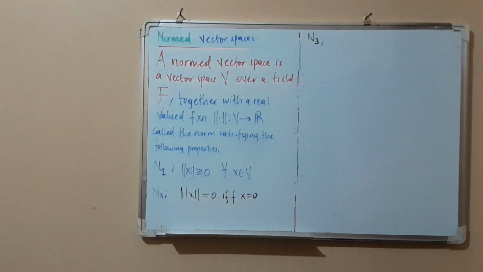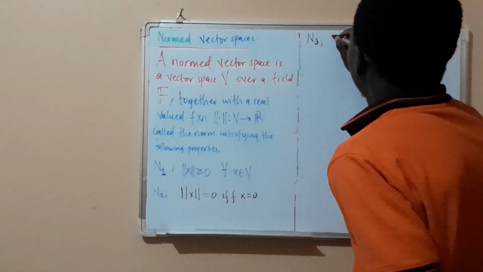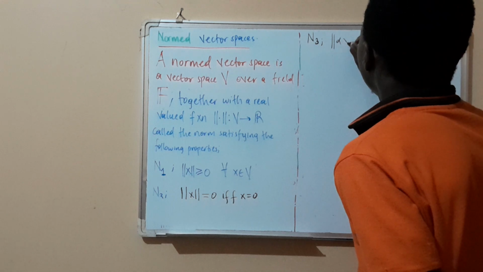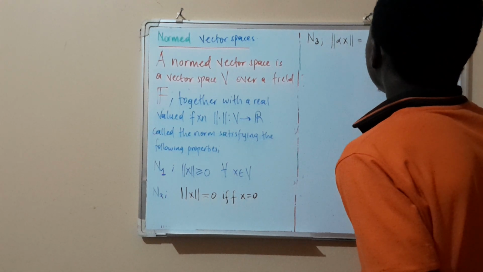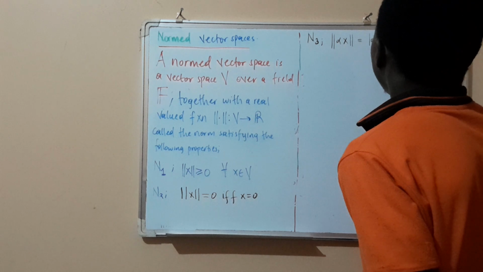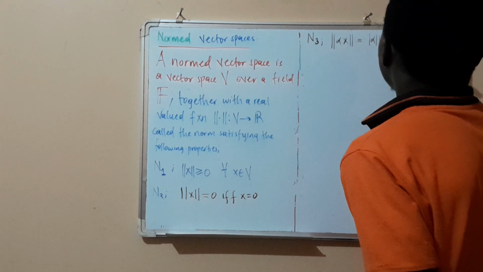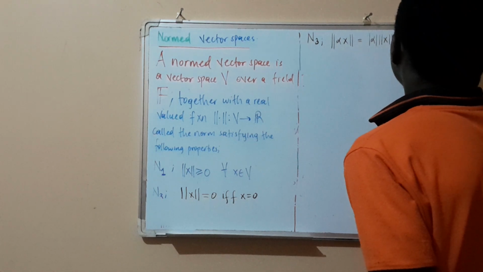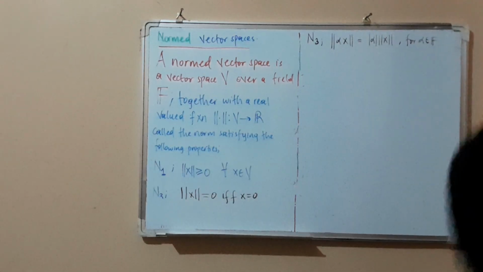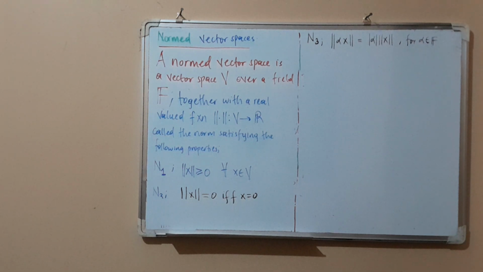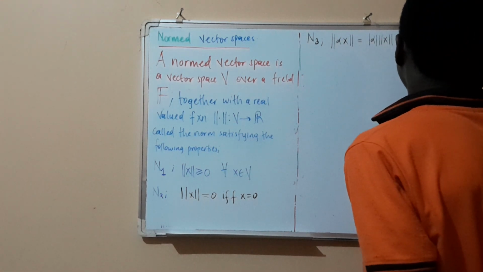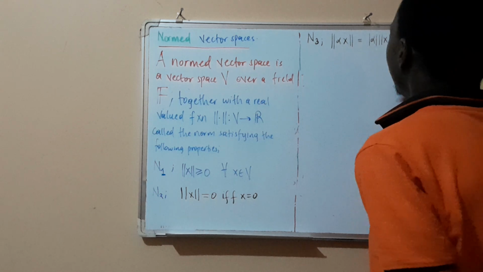Property number 3: the norm of alpha x should be the same as the absolute value of alpha times the norm of x, where alpha is a scalar, and for all x in our vector space.